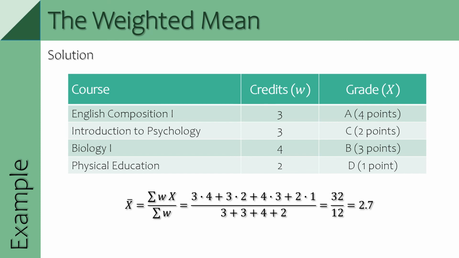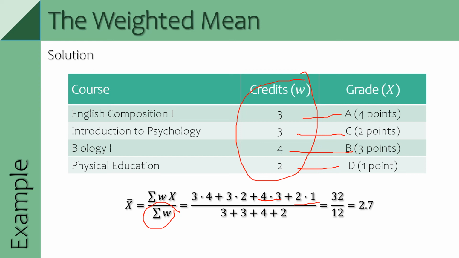So that is 3 multiplied by 4, plus 3 multiplied by 2, 4 multiplied by 3, and then 2 multiplied by 1. Okay, so all over 3 plus 3 plus 4 plus 2. This is the summation of w.